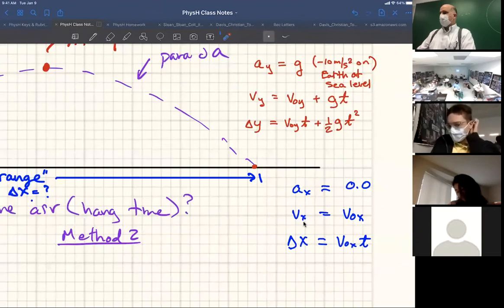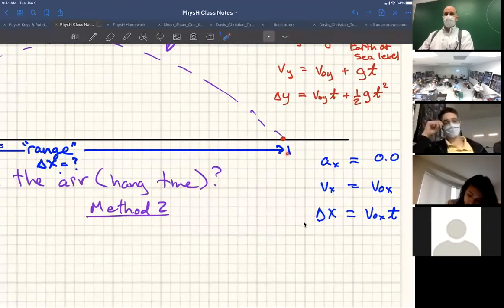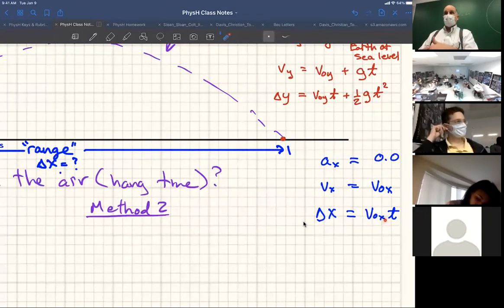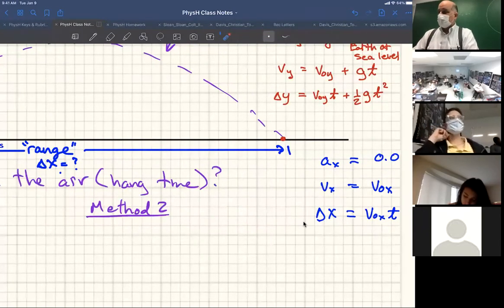So if you knew the range, if you knew how far it went horizontally, you could use that to find the hang time. But we don't know that when we're trying to figure out delta x. The problem is we don't know t. And since the hang time for an ideal projectile doesn't really depend on what's going on horizontally, this equation could be useful.